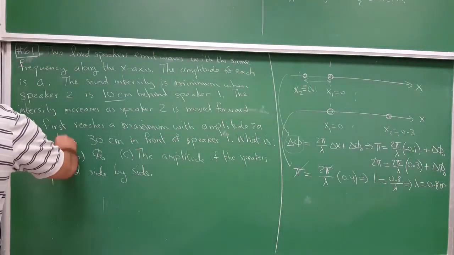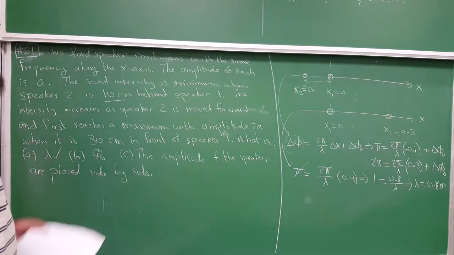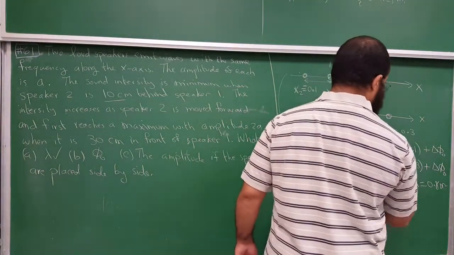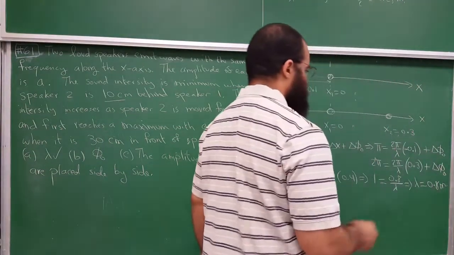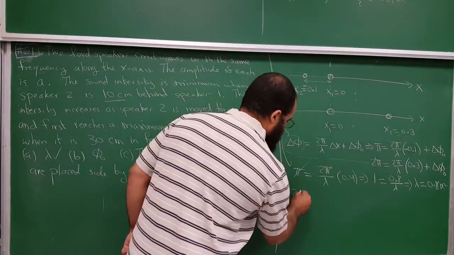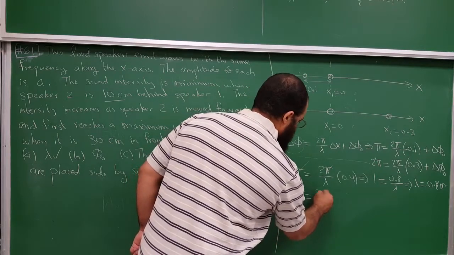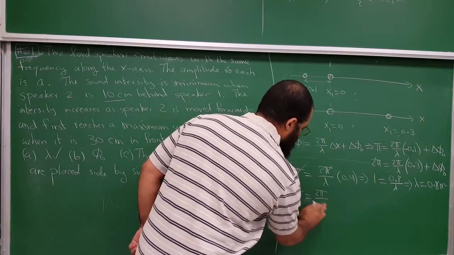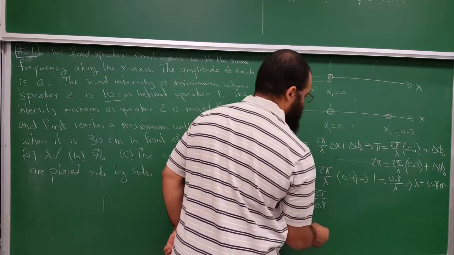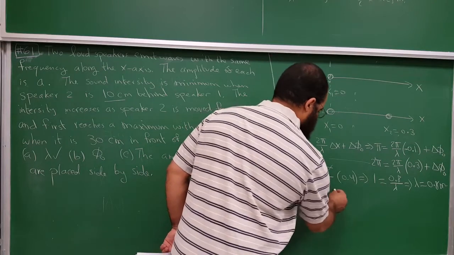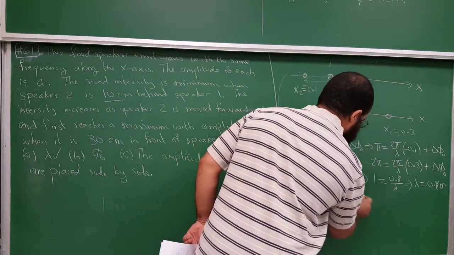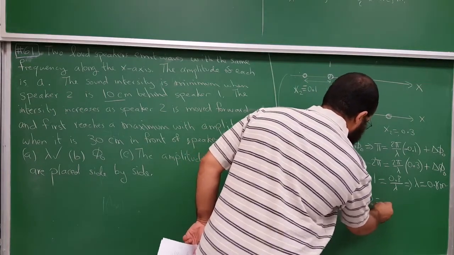So I found lambda. And then I need to find phi 0. For phi 0, now you know lambda, you can plug here or plug here. So let me go here, plug in lambda, and get phi 0. I have 2 pi equals 2 pi over lambda, but lambda is 0.8, I know it now, times 0.3 plus delta phi 0.